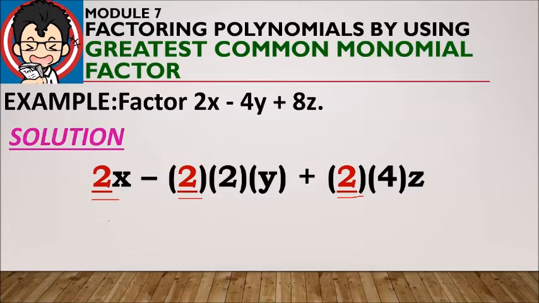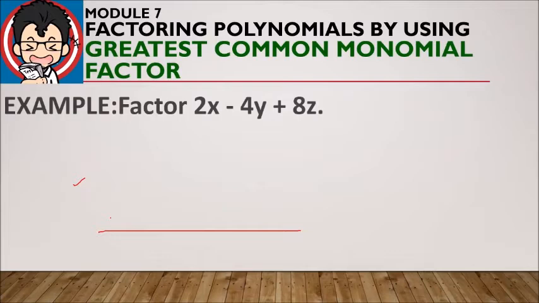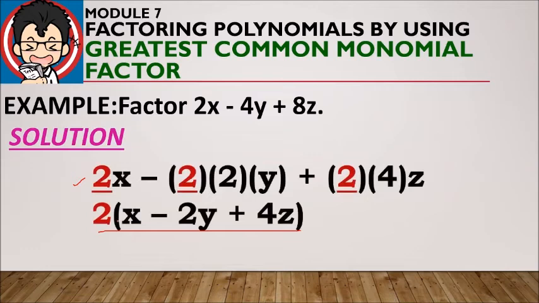So, ano na ang gagawin natin dito ngayon? Now, since 2 is our greatest common monomial factor, what we're going to do here is i-factor out natin siya. Okay? When we factor out, ganito ngayon ang mangyayari sa kanya. Okay? Yan.